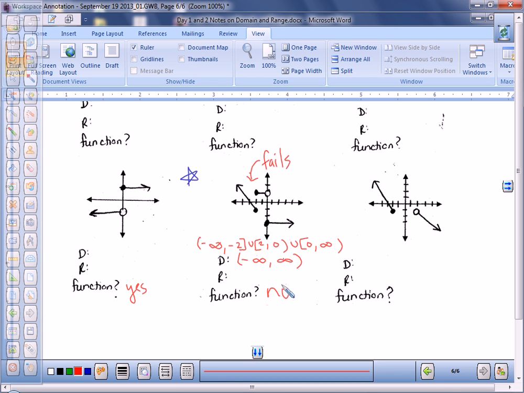If this were an open circle here, we couldn't write it like this. But it's a closed circle, so it does include. And since it includes every x value, even though it's jumping around a little bit, it's -infinity to +infinity.